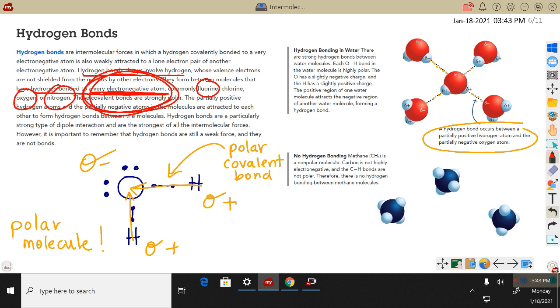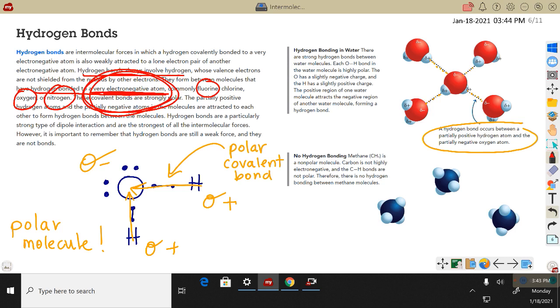The bond is really, really polar. And so these regions of partial positive and partial negative are a little bit more extreme, a little bit more intense than a typical dipole force. But again, for a hydrogen bond, obviously you have to have hydrogen, but it has to be bonded to F, O, or N.